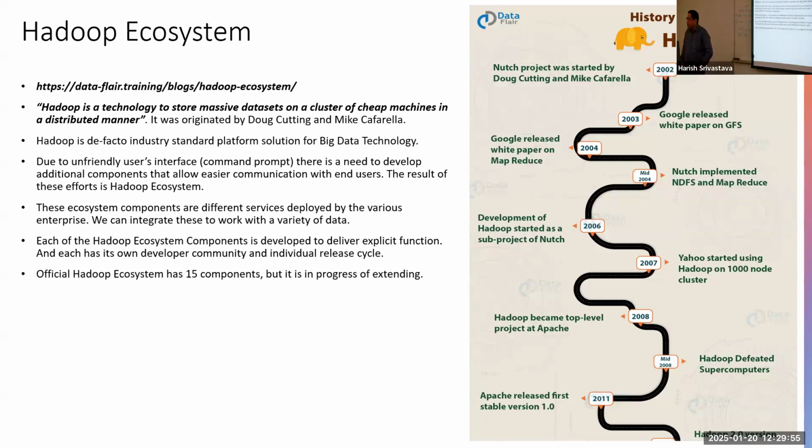Hadoop is a technology to store massive data sets in a cluster of cheap machines in a distributed manner. Last time, did I explain to you about commodity hardware? You all remember what we mean by commodity hardware? No? So basically, you have not gone through the Zoom recording. Hadoop commodity hardware is the slave machines.